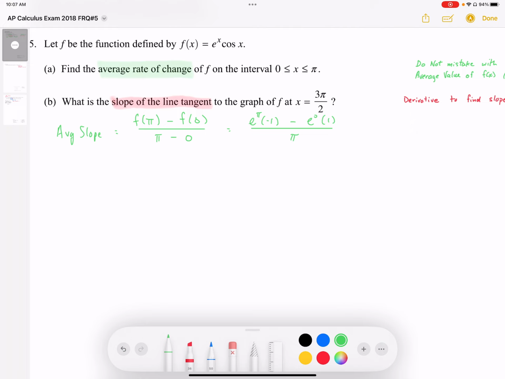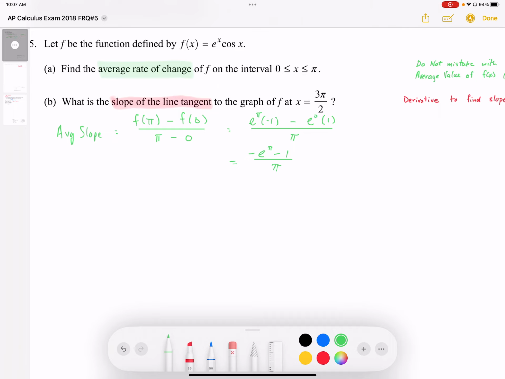So the average slope, when we calculate this out, is going to be negative e to the pi minus 1 over pi. Okay, so that is my average slope.